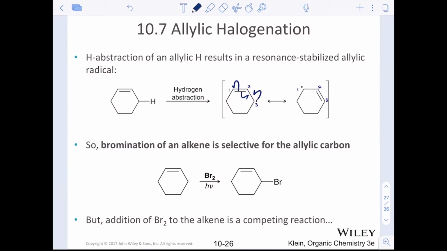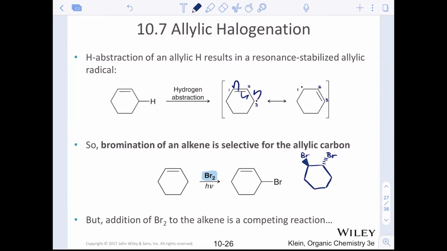there's a problem. The main problem with using Br2 with heat or light at the allylic position is that we actually get another product. Let's take a look at that product. We actually get addition, right? Yes, we are using a radical initiator of heat or light.